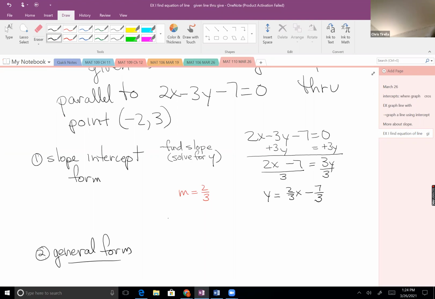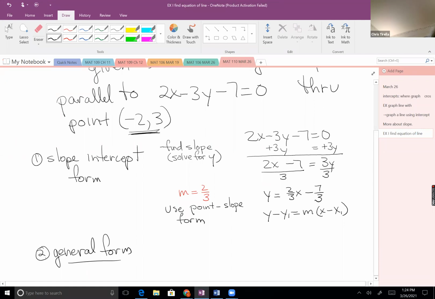Now that I know my slope, I'm going to use the point slope formula. And so again, that's y minus the y value is equal to the slope times x minus the x value of the point. And our point here is -2, 3. So that gives me y minus 3 equals my slope is 2/3 times x minus 2.